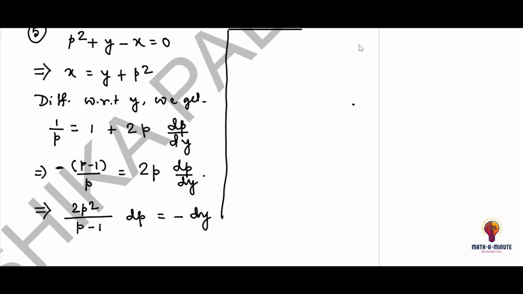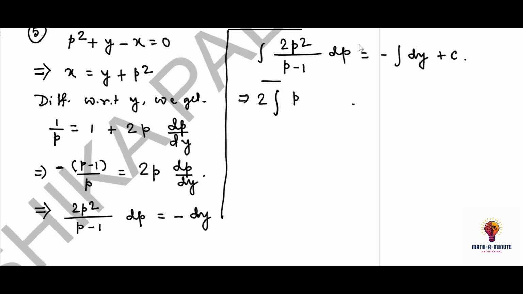So it will be integration of p square divided by p minus 1 dp equals minus integration dy plus c. Okay. So we can write this in the form of p square minus 1 plus 1, so ultimately it will be p square. Okay. Divided by p minus 1 dp equals minus y plus c.